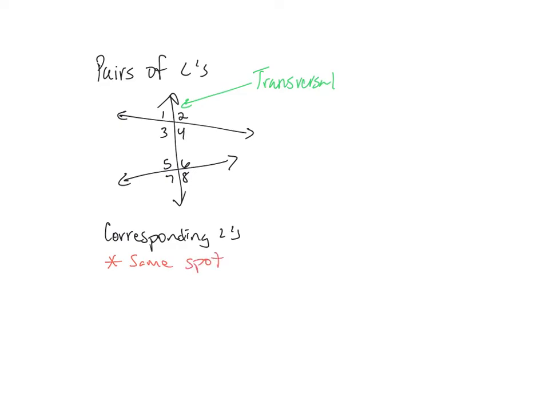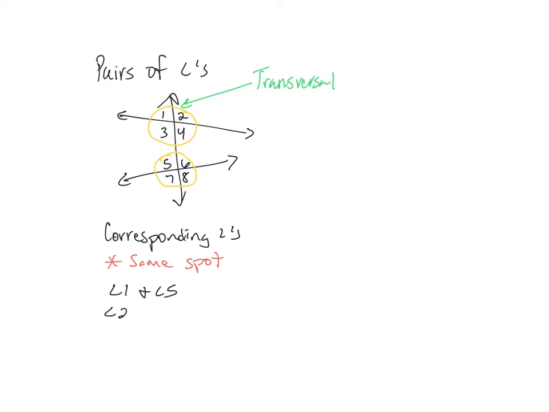I think corresponding is the same spot. Now, what I mean by that is you're going to have this group of 4 and this group of 4, and when we talk about corresponding, the 4 different sets of angles are all going to include one from that top set of 4 and one from the bottom set of 4. So when I say the same spot, I'm referring to angle 1 and angle 5, which are both in the top left-hand corner of their group.